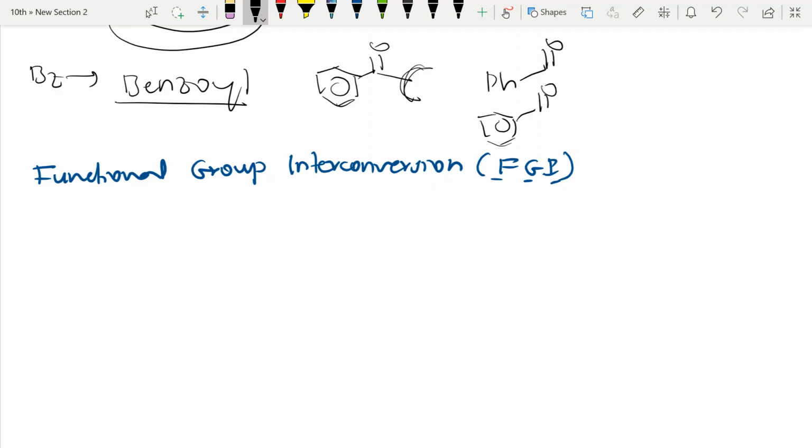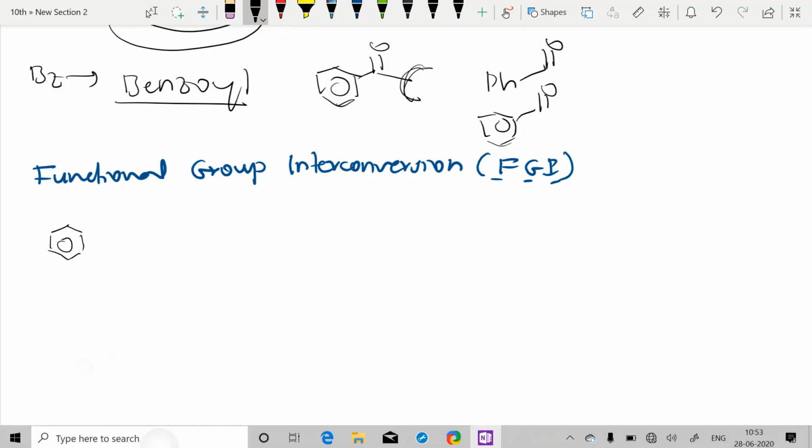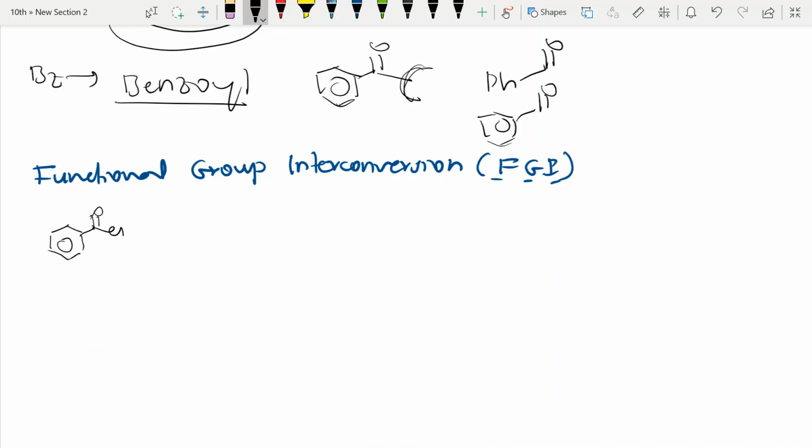So here let me do the retrosynthesis, then I can easily explain you, right. So COCl is there, and here NH. Functional group interconversion, what I am going to do, see, this is an acid chloride, right.